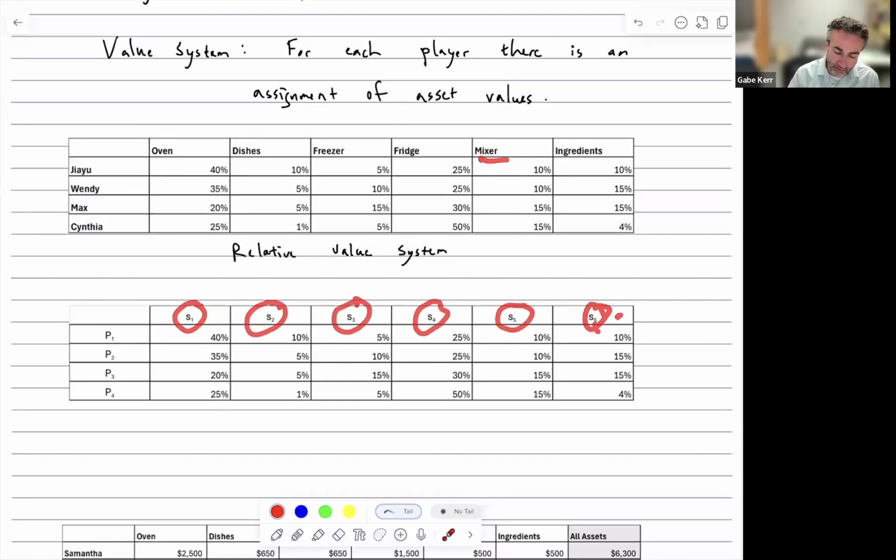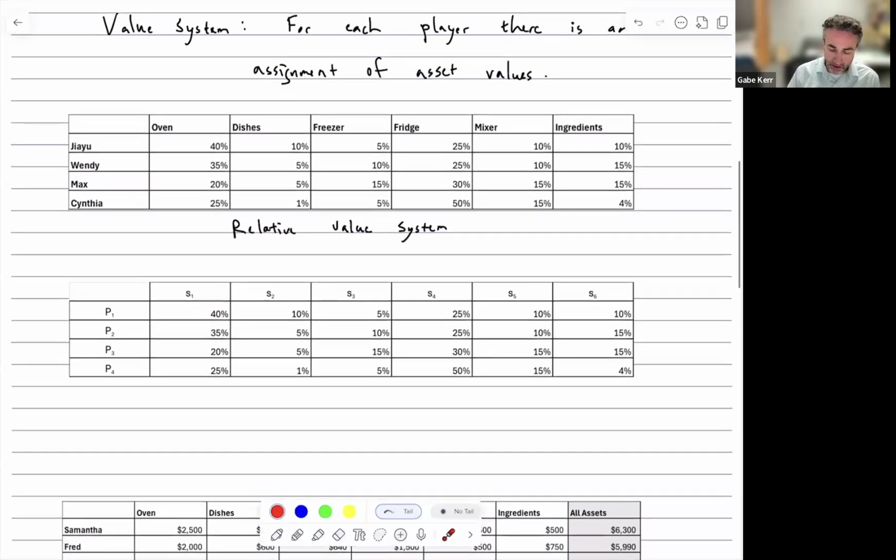And then this would be the valuation. But this is just one way you could make notation for a table like this so that you're not dealing with Wendy, Max, Jayu and Cynthia, but you're dealing with P1 through P4. So it makes it a little less personal, but it's just some notation that one can use.